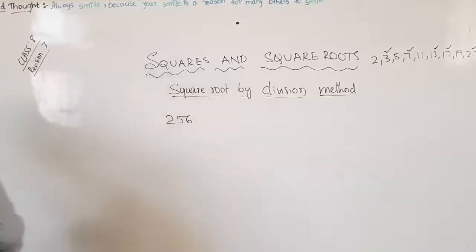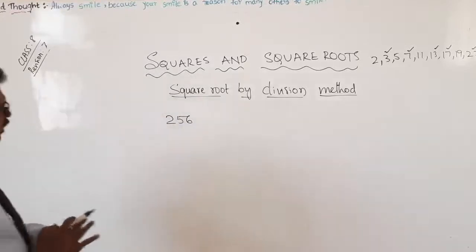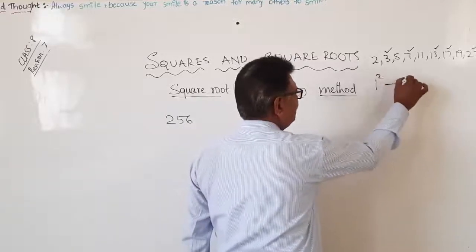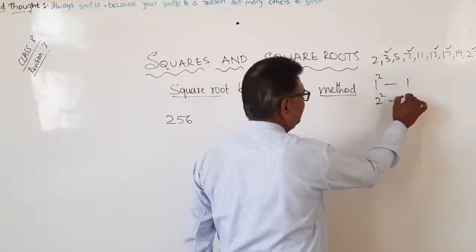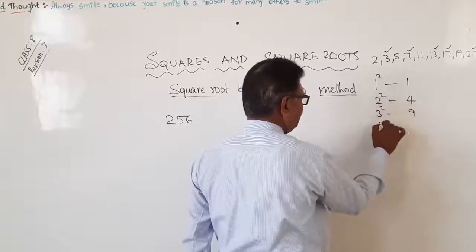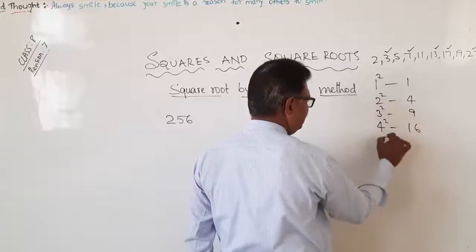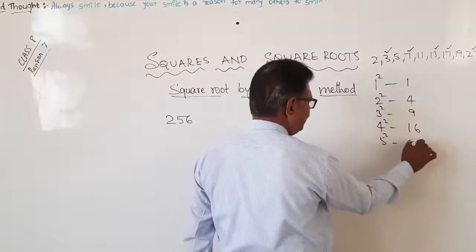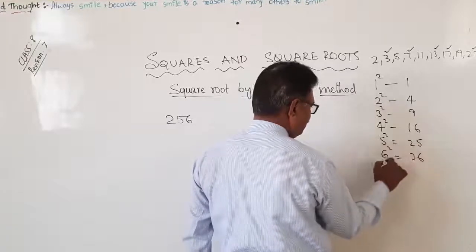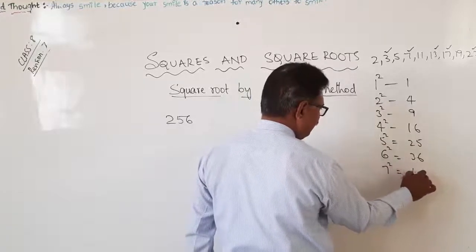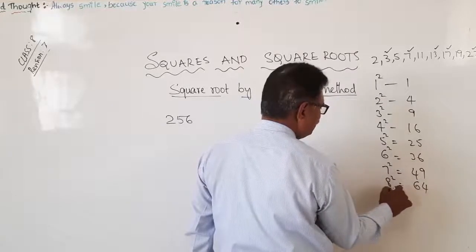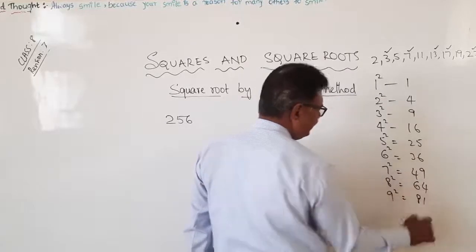Before writing, we should know these squares: 1 square, 1, 2 square, 4, 3 square, 9, 4 square, 16, 5 square, 25, 6 square, 36, 7 square, 49, 8 square, 64, 9 square, 81.